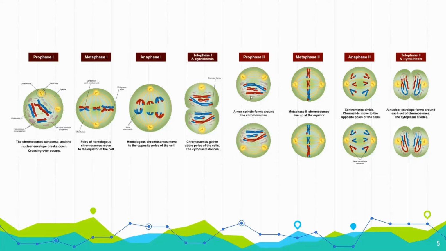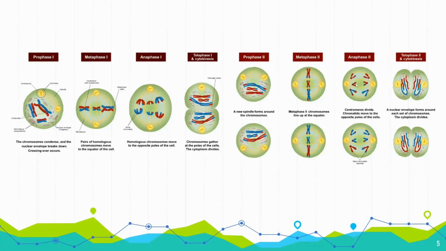And the next stage of meiosis is prophase 2. In prophase 2, the microtubules attach to the kinetochores of the sister chromatids, and they move towards the center. In metaphase 2, the chromosomes are positioned along the metaphase plate. And in anaphase 2, cohesins holding the sister chromatids together are broken, which allows the chromatids to move towards the opposite poles.